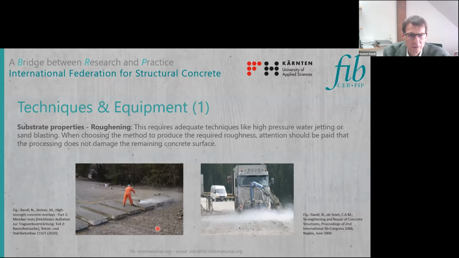But it's also a method that is used in practice on the site. On the right-hand side, you can see a robot driving with the truck here over a bridge deck and of course allowing for a high-speed hydro demolition process.